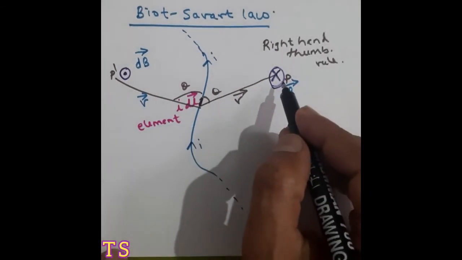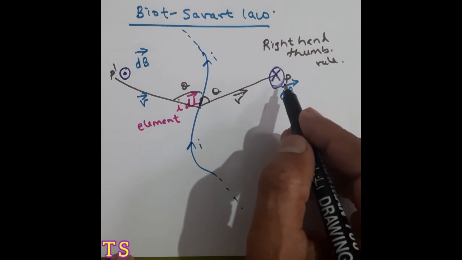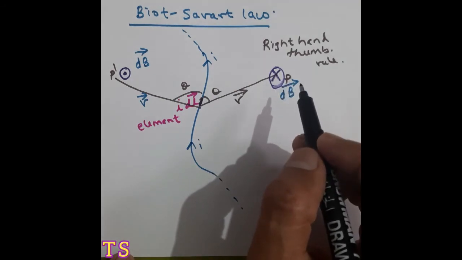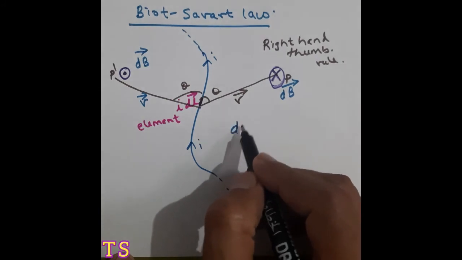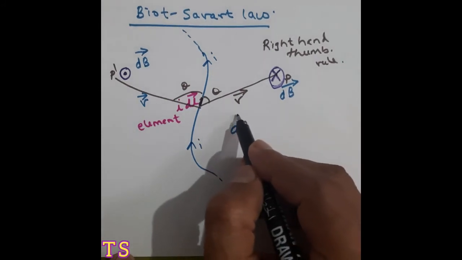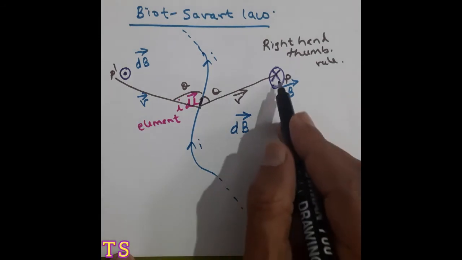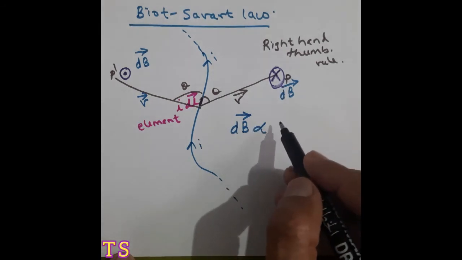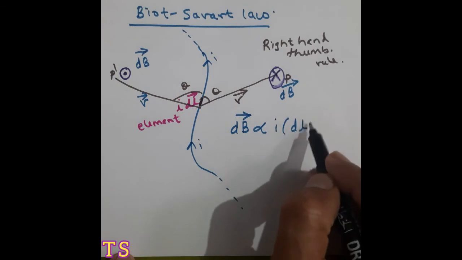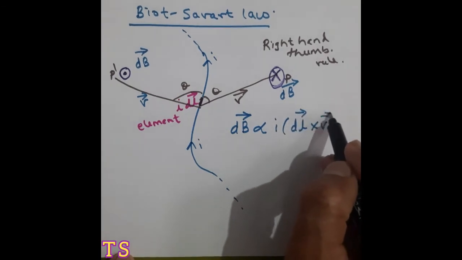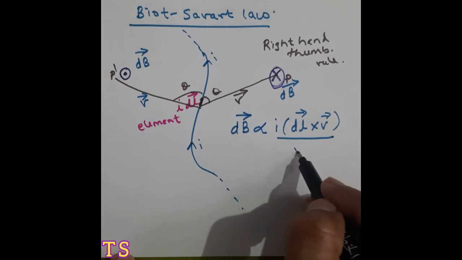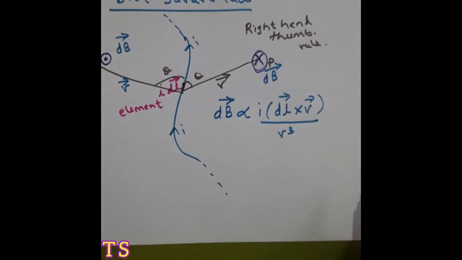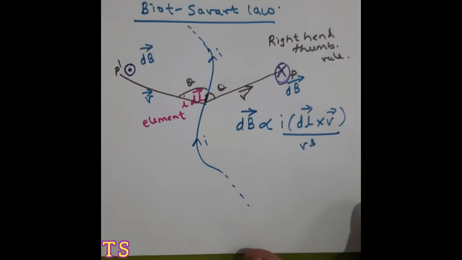So we have to find the magnitude of the field at point P. The Biot-Savart Law says that the magnetic field at this point is directly proportional to I dl bar cross r bar upon r cube. The statement says that the magnetic field produced at point P or P dash is directly proportional to the cross product of I dl bar and r bar upon r cube.